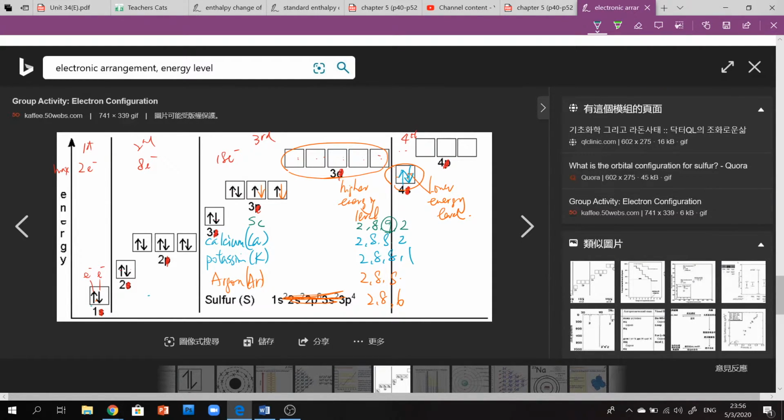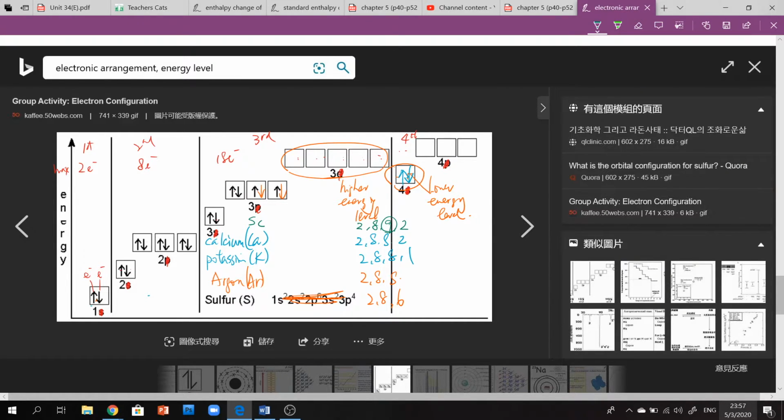Can you see that? So that's why the third shell's last 10 electrons can only be filled after the fourth shell's first 2 electrons have been filled. Okay? So this is what I would like to talk to you about the electronic arrangement.